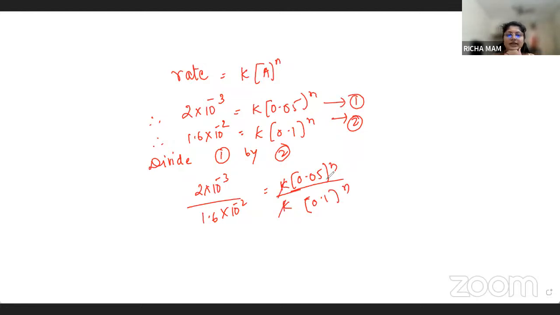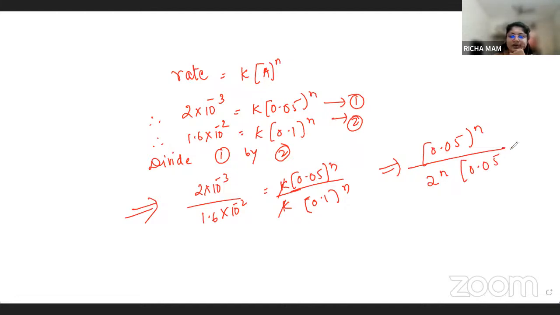So the k's get cancelled. After finding the value for this, I have got it as 0.05 raised to n divided by 2 raised to n times 0.05 raised to n. So this n gets cancelled.